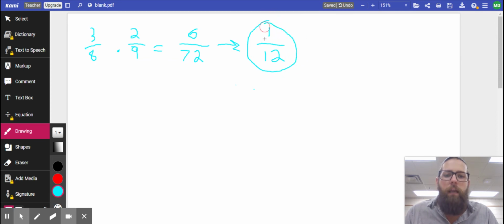Sometimes your fractions can't reduce so nicely, though. Let's take a look at an example that you can't really reduce quite so much. Let's take a look at, like, what if I got an answer of 6 over 9? Okay, so 6 goes into 9.